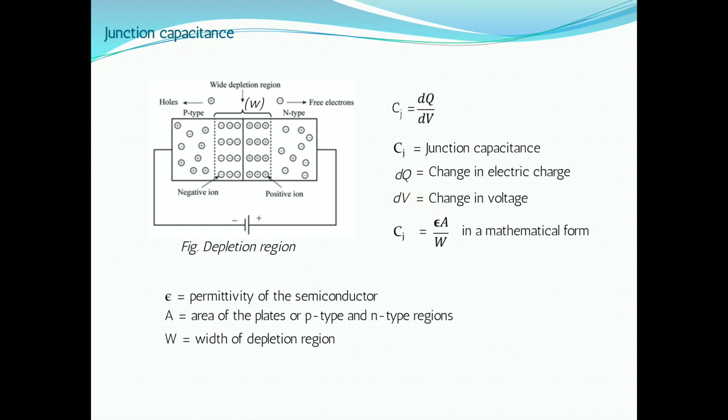In short, the capacitance changes, and we know the capacitance is given by epsilon A upon W, where epsilon is the permittivity of the semiconductor, A is the area of the plates, or in the case of a diode, the area of the P type and N type regions, and W is the width of the depletion region. So this diode is simply nothing but a capacitor.